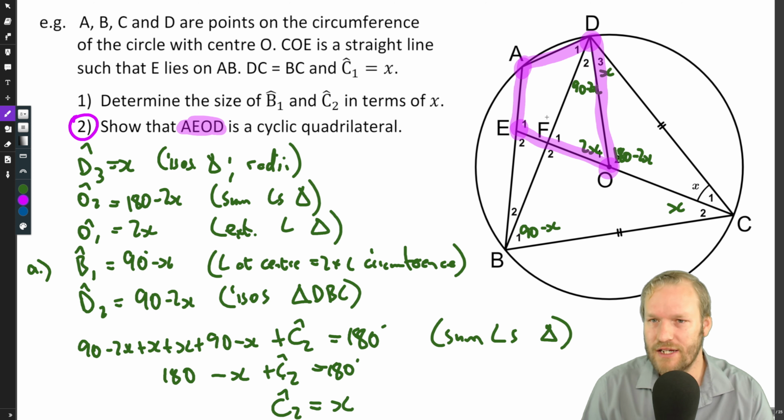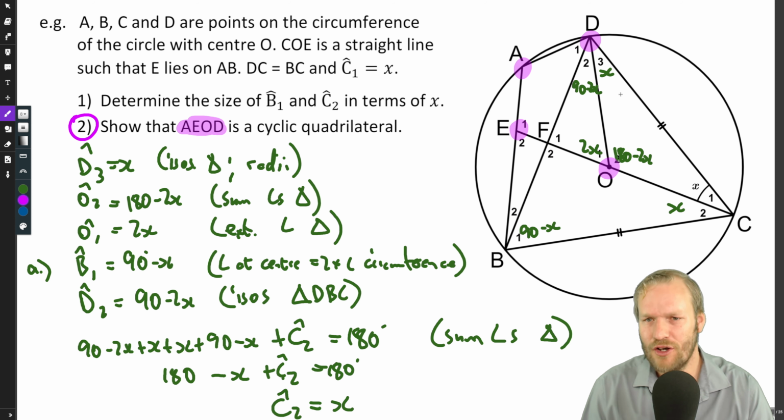Or perhaps we need to show that the exterior angle is equal to the opposite interior angle. So if we could find A and show that it's 180 minus 2x, or there's another exterior over here, if we could show that this angle is equal to this angle. Or we could show angles in the same segment, but there are no angles in the same segment without a construction, and I don't feel like constructing.